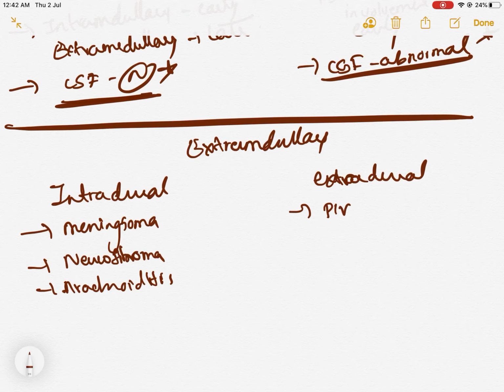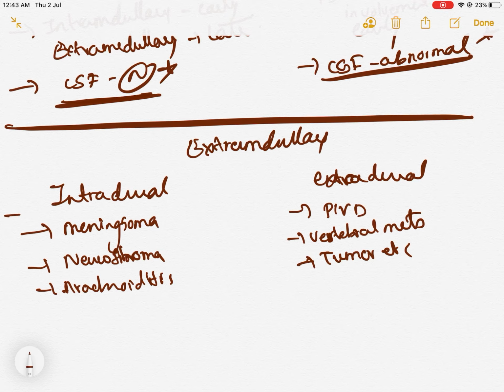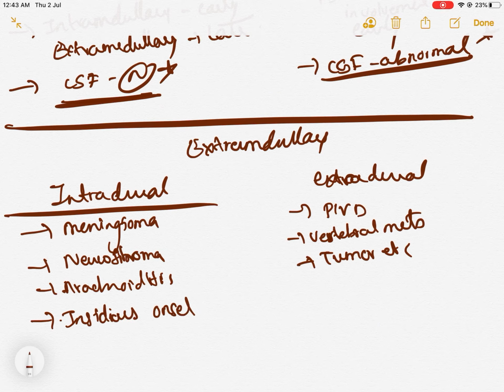Extradural is due to PIVD, vertebral tumor, etc. In intradural, the onset is insidious; these are acute in onset.